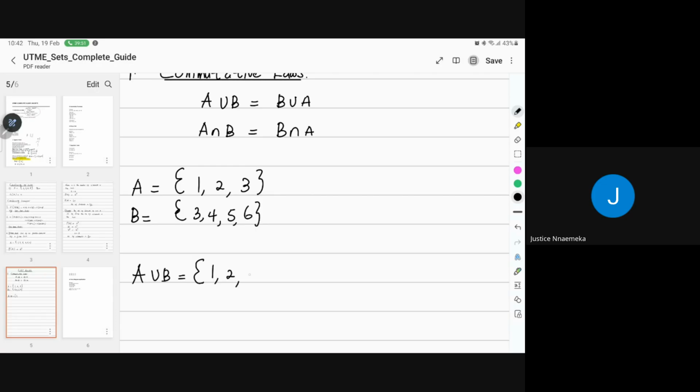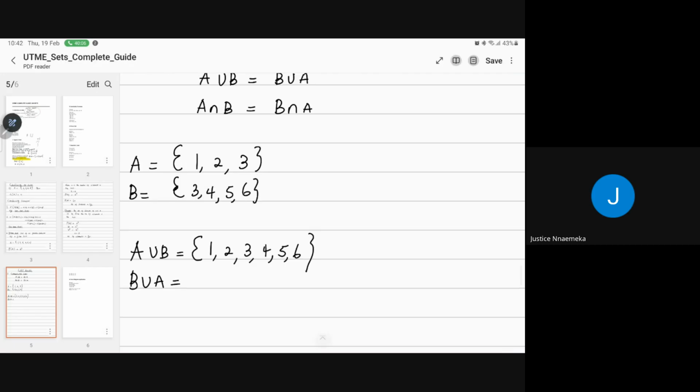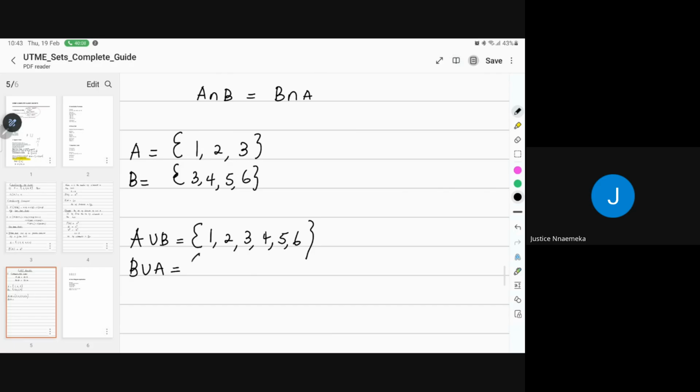So 1, 2, 3, 4, 5, and 6. Now let's check again. B union A will still be the same thing, because we're bringing all the elements in them together. So it's 1, 2, 3, 4, 5, and 6.